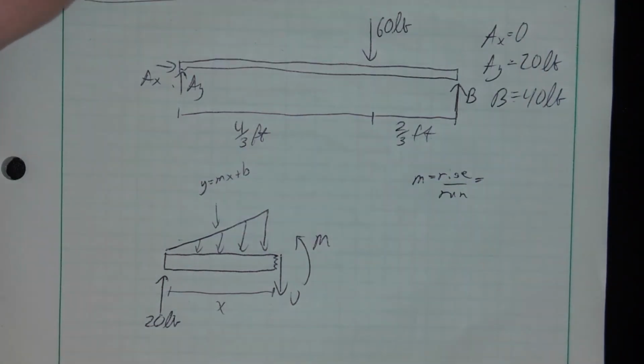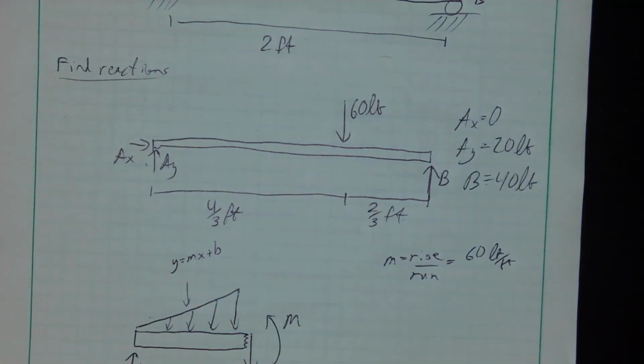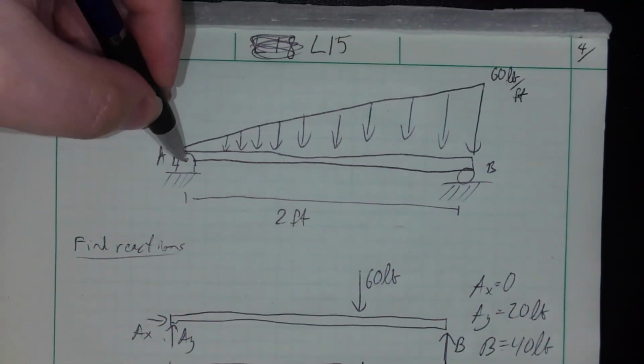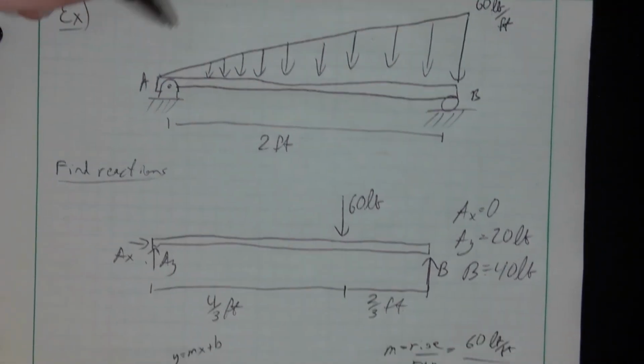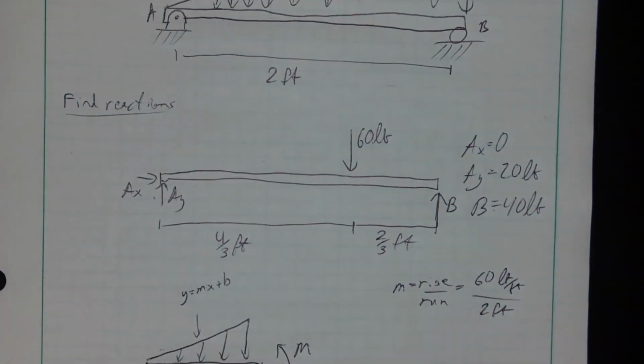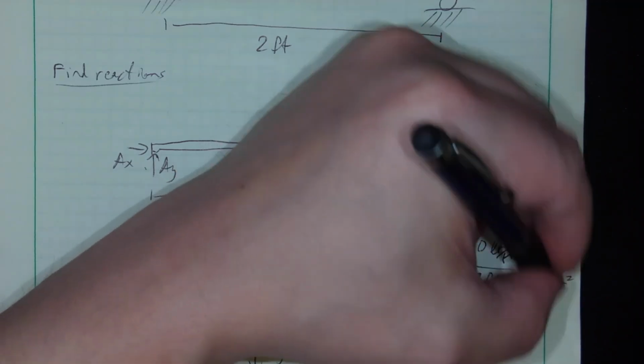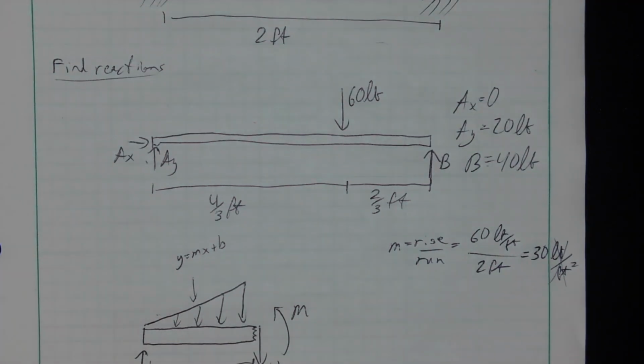So if you look over here, this is rising a distance of 60 pound per foot. And that's occurring over a distance of 2 foot. So your M is going to be 30 pound per foot squared, which I'm not going to worry about the units. Let's just worry about the numbers. M is going to be 30.